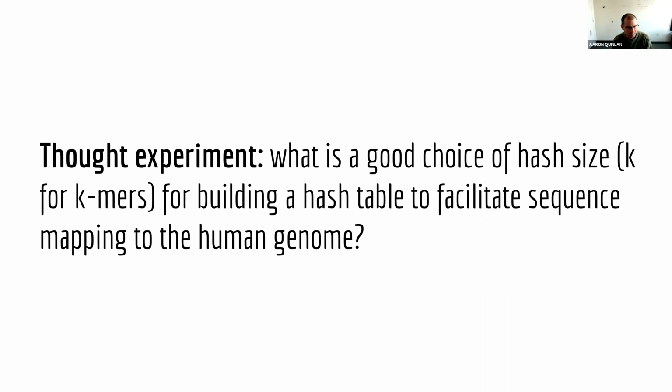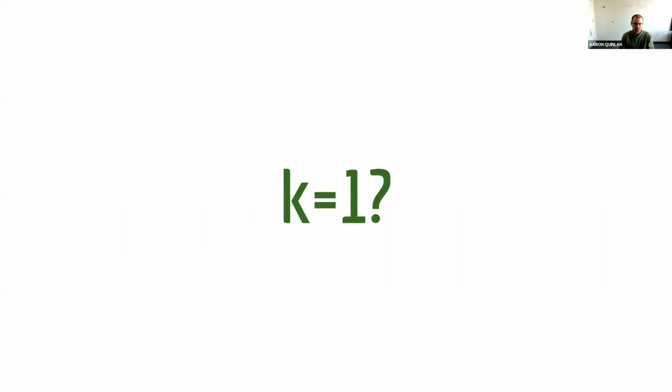Now, I can just jump ahead and tell you that most hash-based aligners use 31-mers, k equal 31. So it shreds up the genome into 31 base pair, sometimes 27 or 31 base pair entries. And the reason for that has to do with the composition of the human genome.